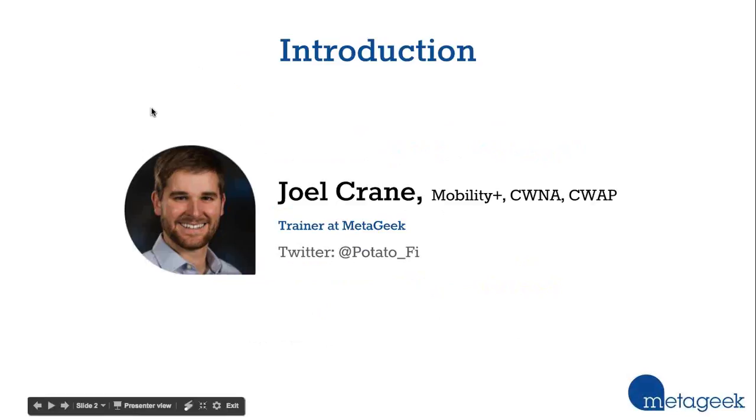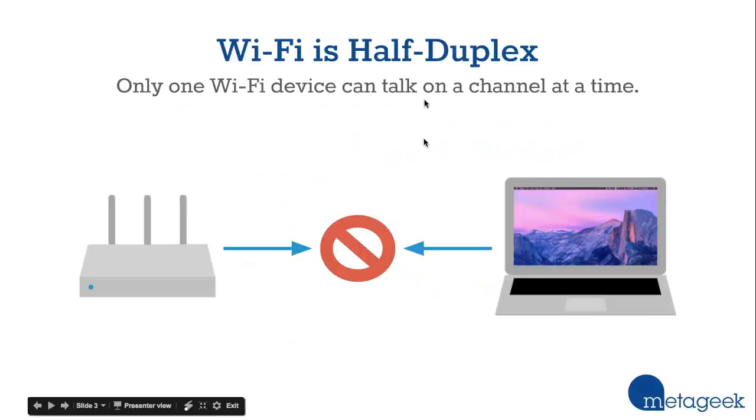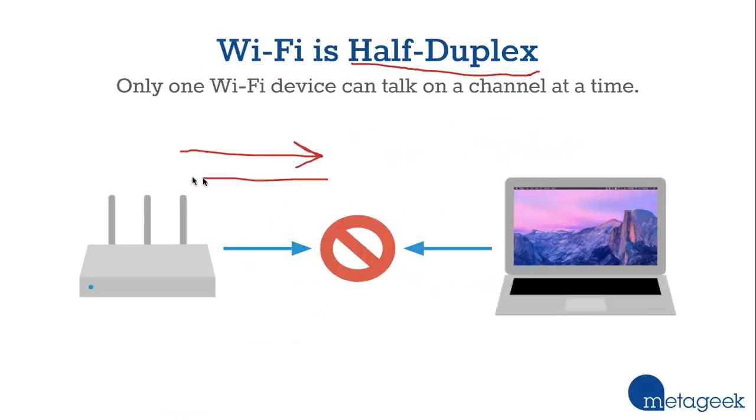So with that, let's go ahead and get started. The first thing that we need to think about when we're working with packet analysis is the half-duplex nature of Wi-Fi. Now, we're all familiar with an Ethernet cable, and with Ethernet, we have multiple twisted pairs of copper inside one cable, and that allows us to send traffic in two directions at the same time on one Ethernet cable. Wi-Fi is a little bit different, though.